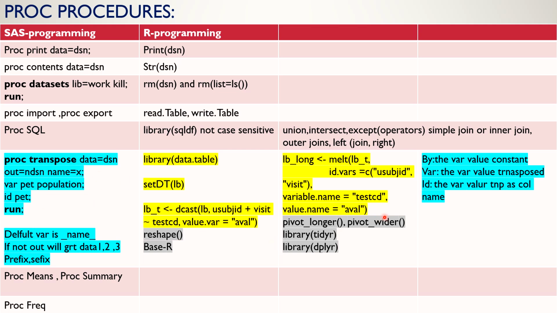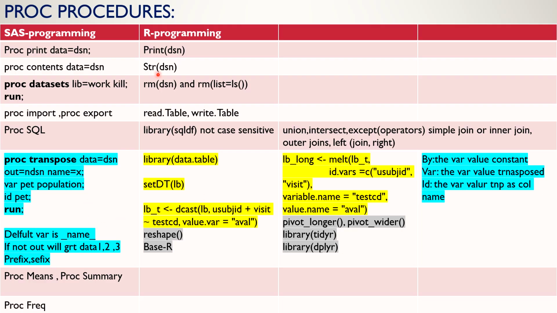If there are particular variables you don't want to transpose, you need to use the by statement. If you use the by statement and mention those variable names, those variable values won't transpose; they will stay as they are.